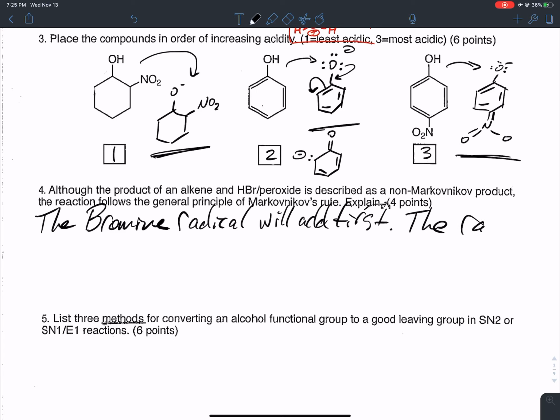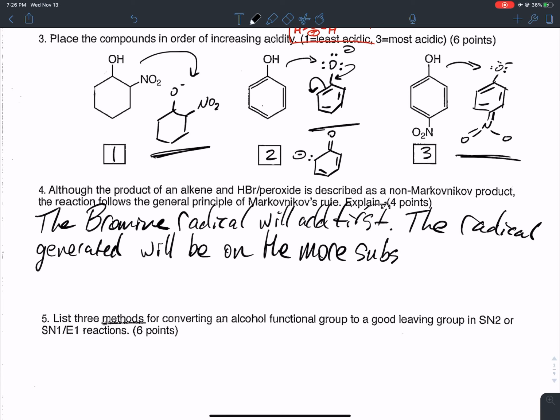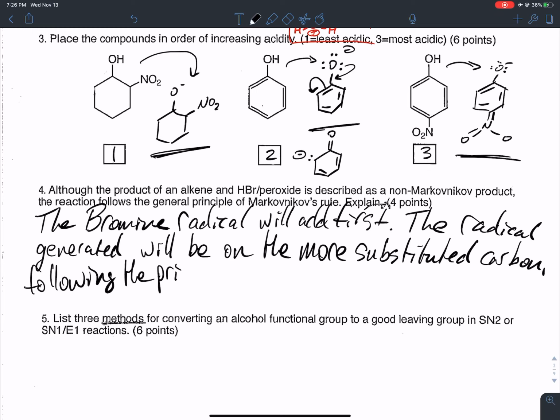The radical generated will be on the more substituted carbon following the principle of Markovnikov's rule.